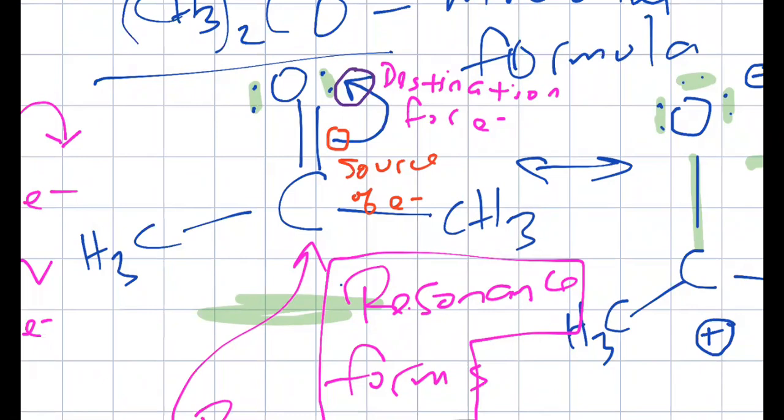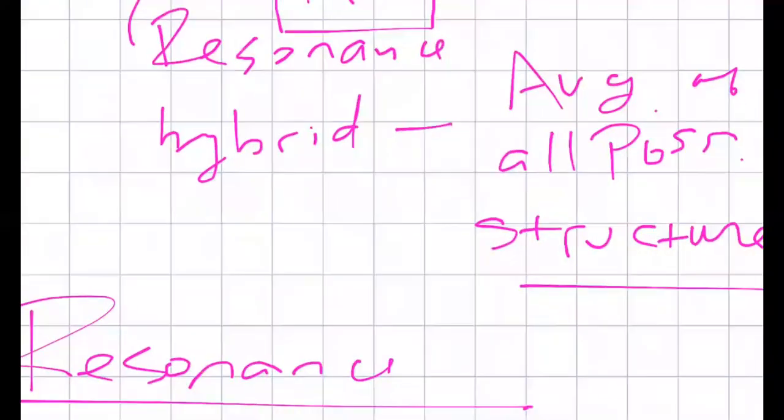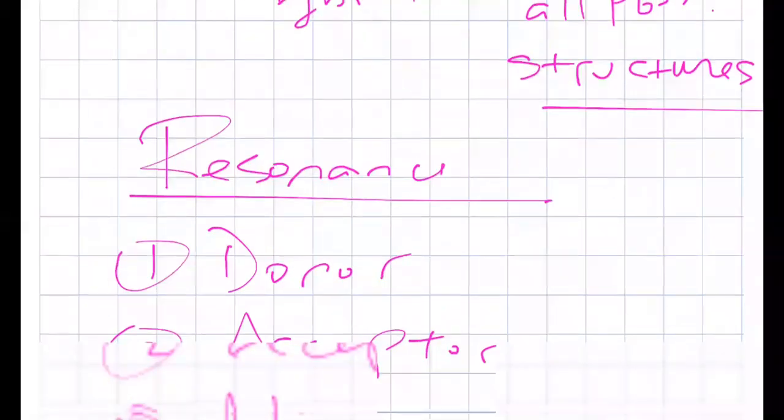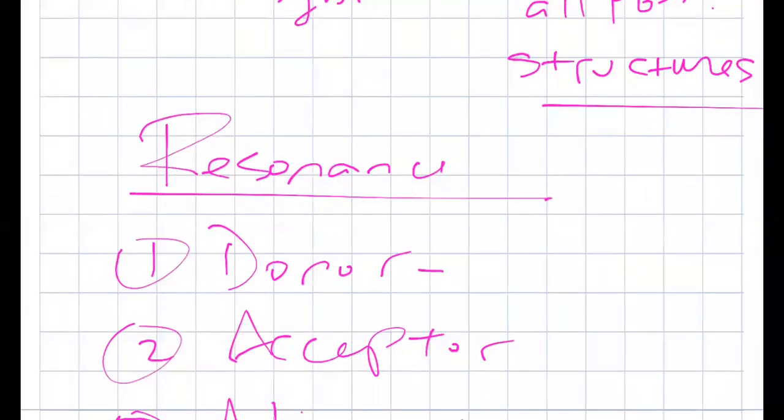Oxygen. Good. So let me give you a definition real quick. A donor can be a lone pair, or it can be a pi bond.